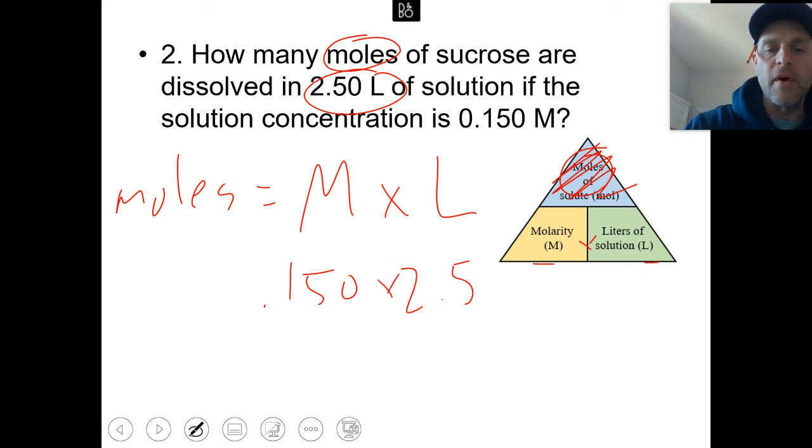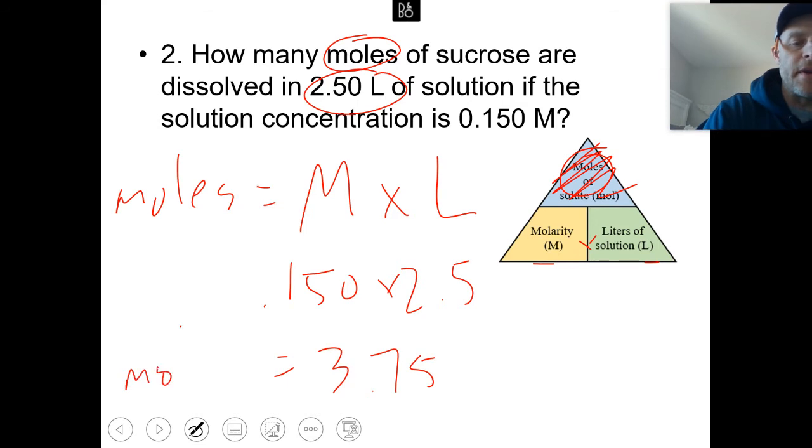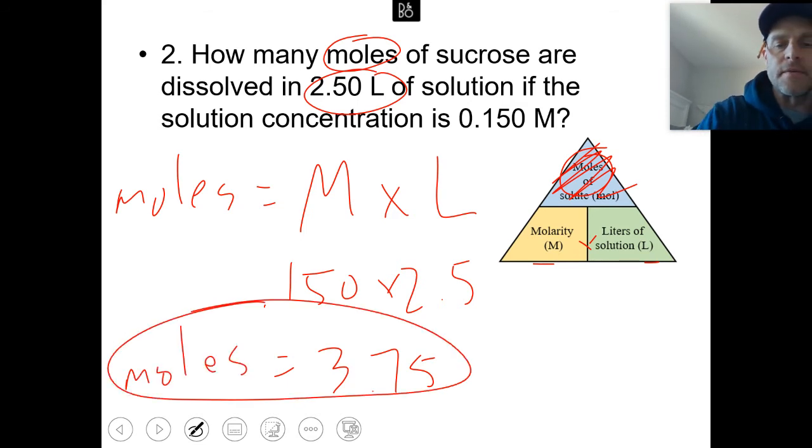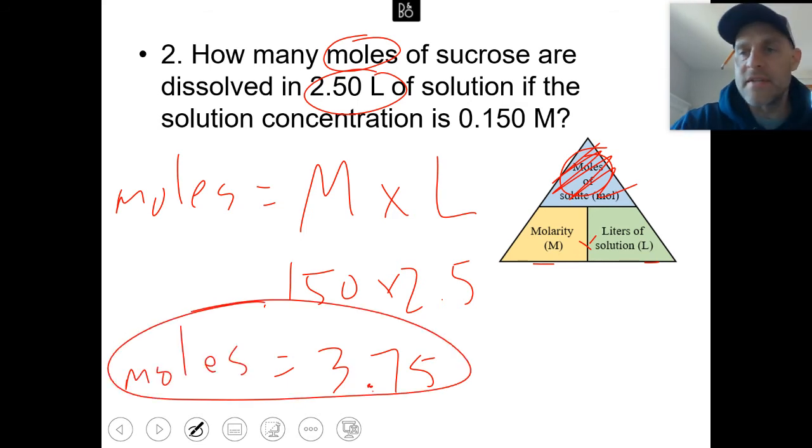Okay, so 0.150 times 2.5, equals, I got 3.75, and again, that tells me how many moles. Done. 3.75.